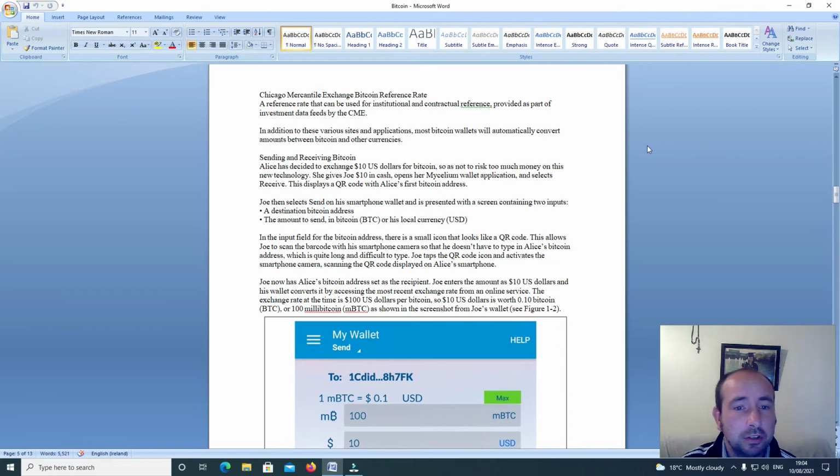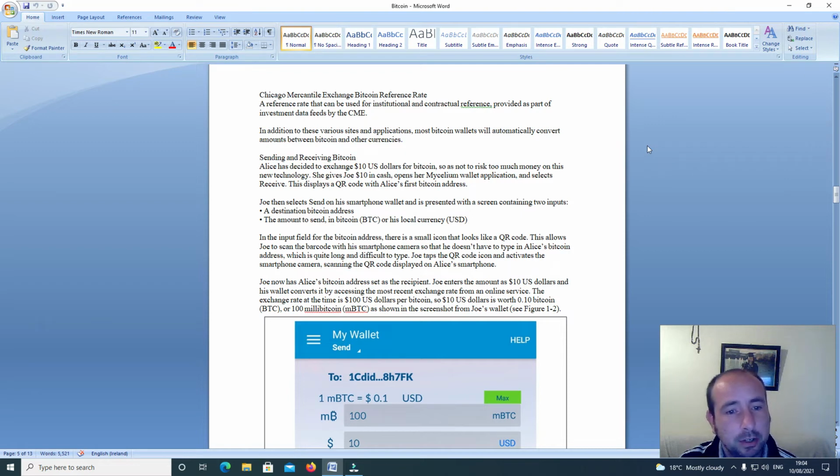Chicago Mercantile Exchange Bitcoin Reference Rate, a reference rate that can be used for institutional and contractual reference, provided as a part of investment data feeds by the CME. In addition to these various sites and applications, most Bitcoin wallets will automatically convert amounts between Bitcoin and other currencies when sending and receiving Bitcoin.